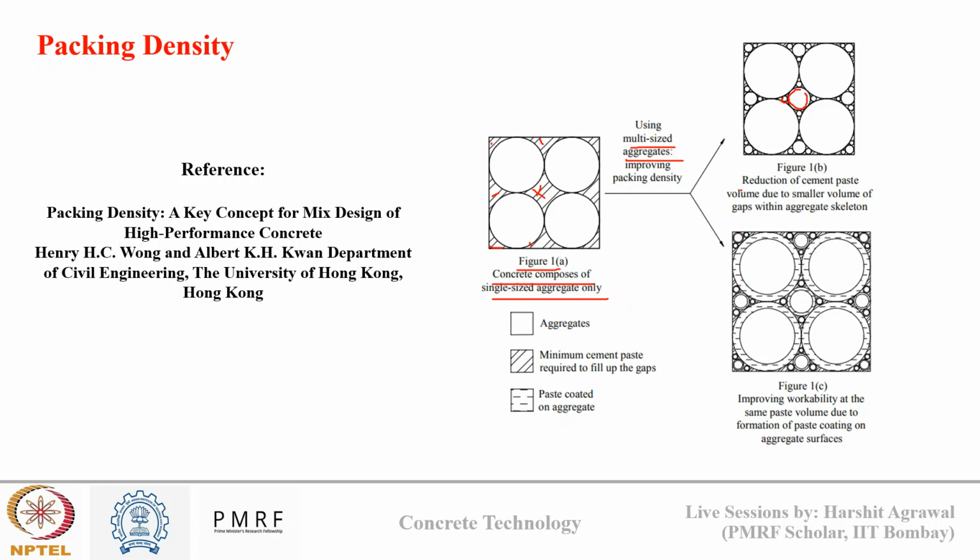So it will cause a reduction in the cement paste volume required to fill the gaps between the aggregate skeleton. And if I keep the cement paste volume the same, if I'm not reducing it, my cement paste will start coating the aggregates and separating them, and it will improve the workability. Okay, so this image was taken from this article that I have mentioned here.